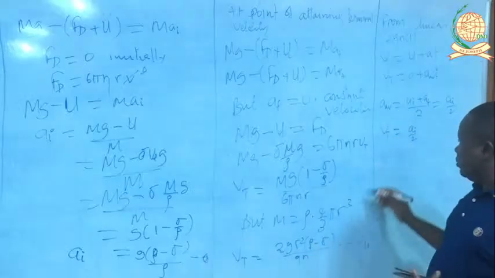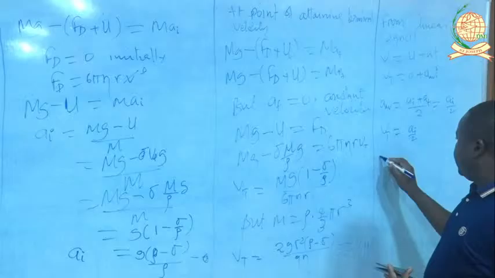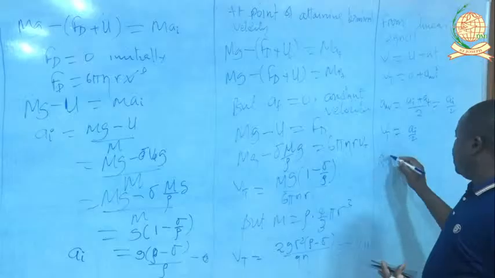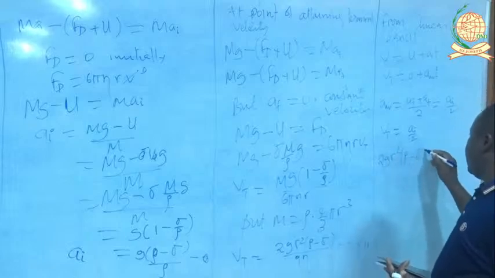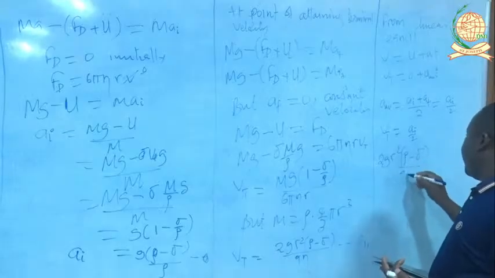What is terminal velocity? Terminal velocity is this equation: 2g r square bracket density of the solid minus density of the fluid divided by 9 eta.